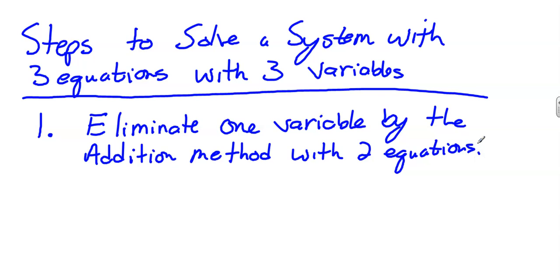So same thing we were doing last time. You look at your lineup, you figure out which variable you think would be the easiest one to eliminate. Go back and, if you have to multiply or whatever you need to do, to get there.